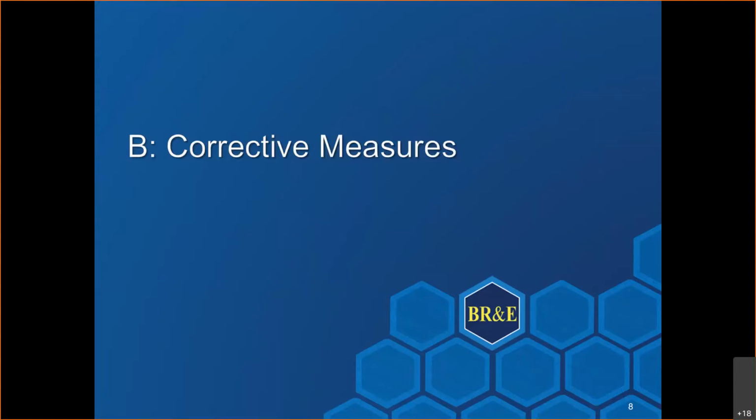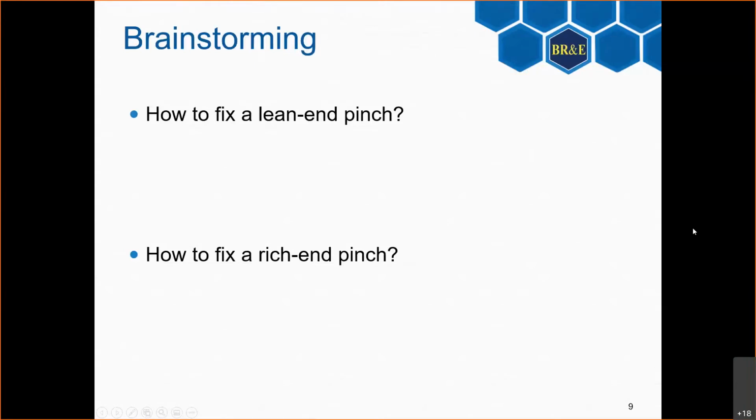Now let's think about what would be good corrective measures if we have either rich approach or lean approach too high. So let's start with a lean end pinch. So let's say we have 100% lean approach, and that means that the lean amine is in equilibrium with sweet gas.